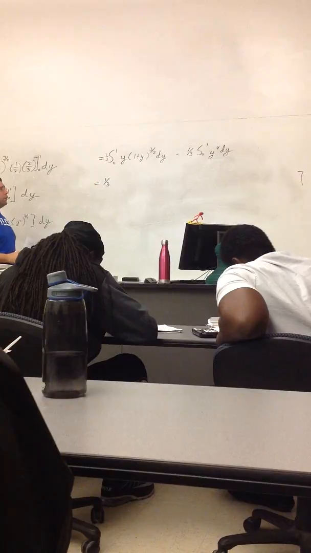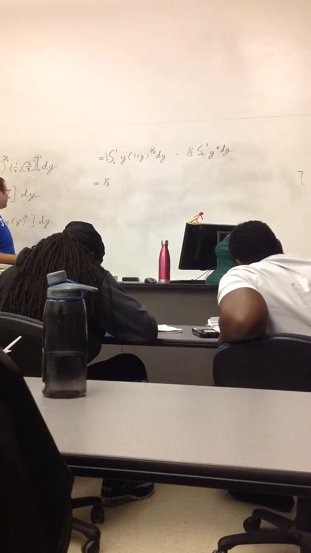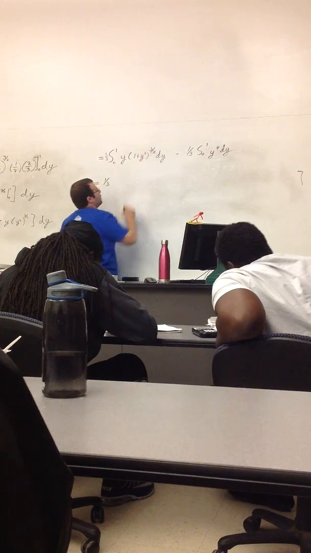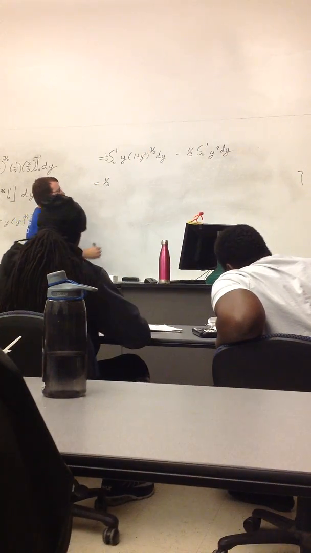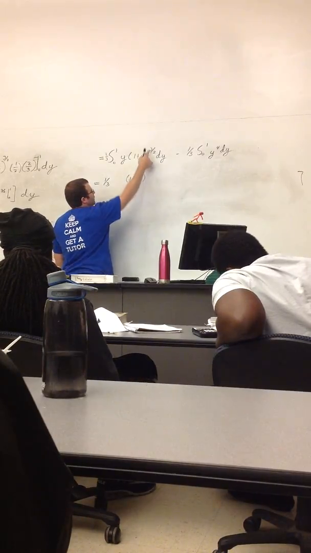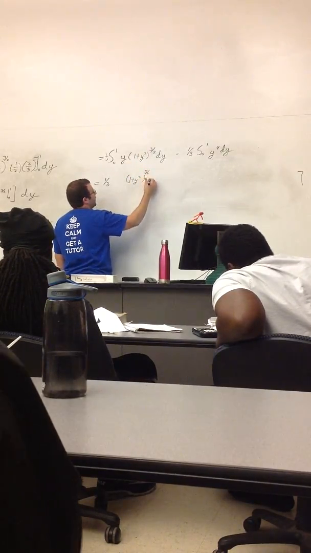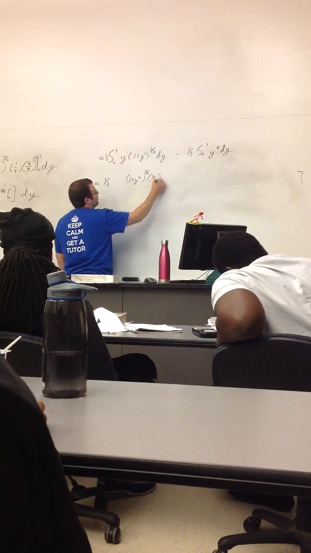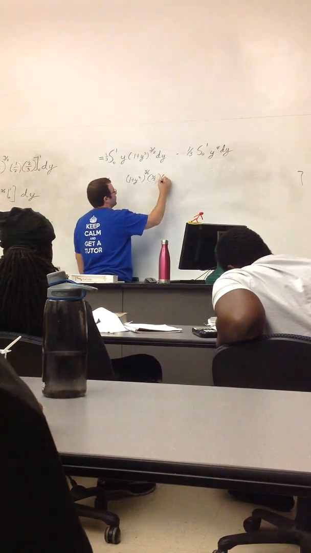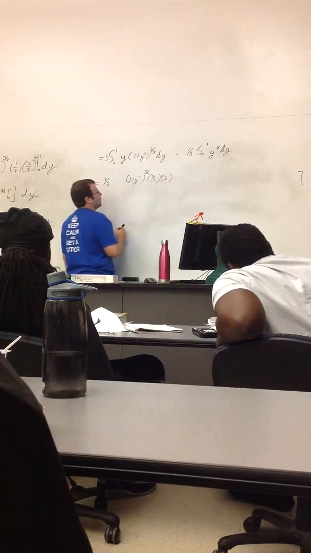When we integrate 1 plus y squared, I'm going to use the same technique I used before. This goes up a power, to 5 halves. I need a 2/5 to get rid of it on the back end. I will also be pulling out another half.